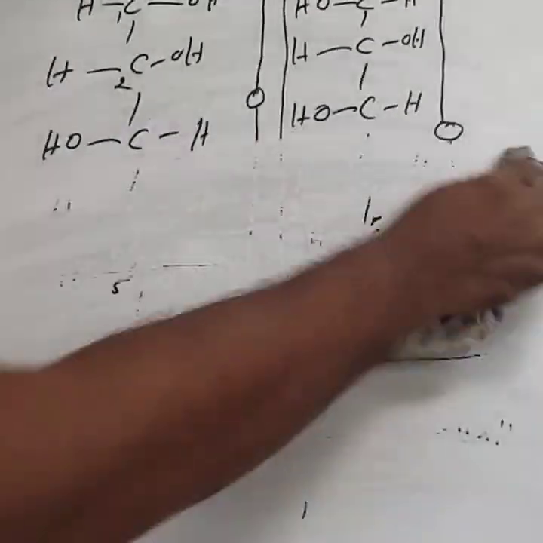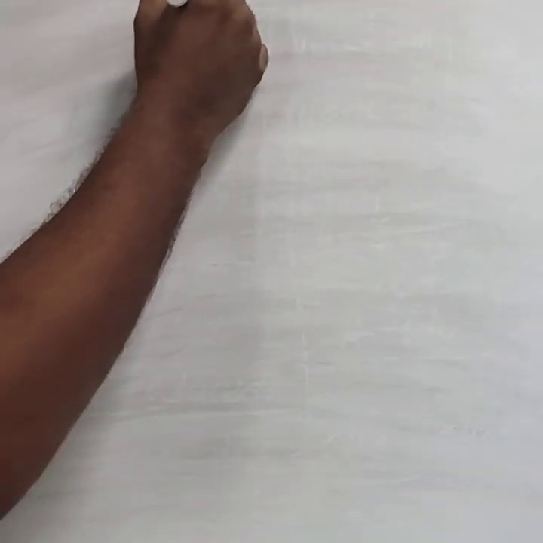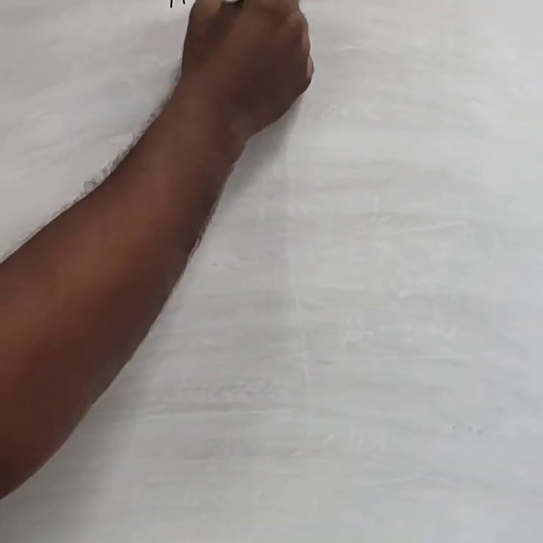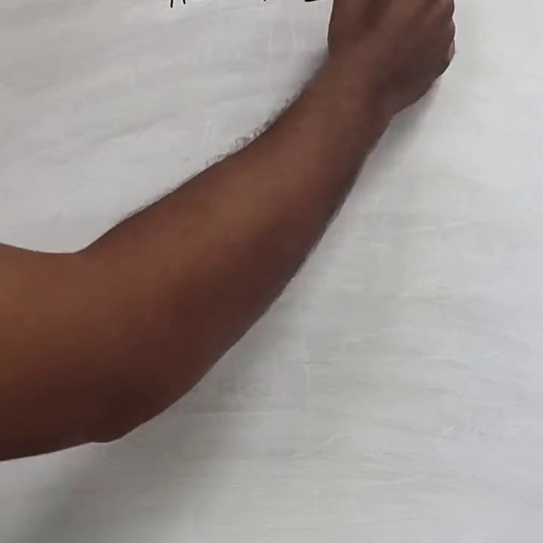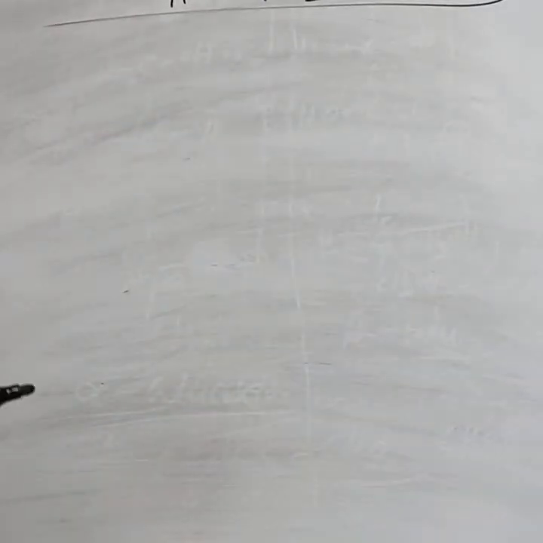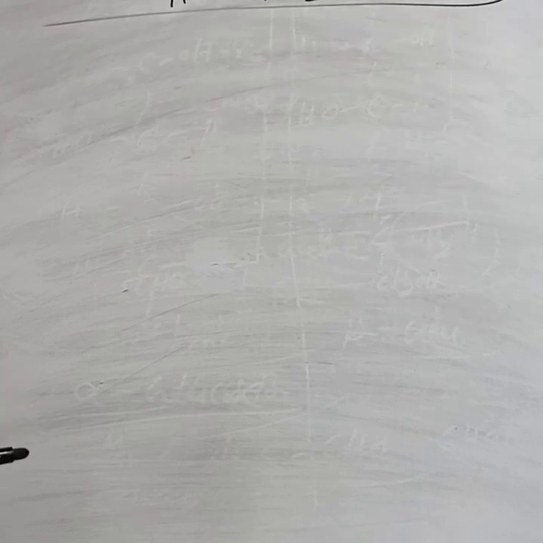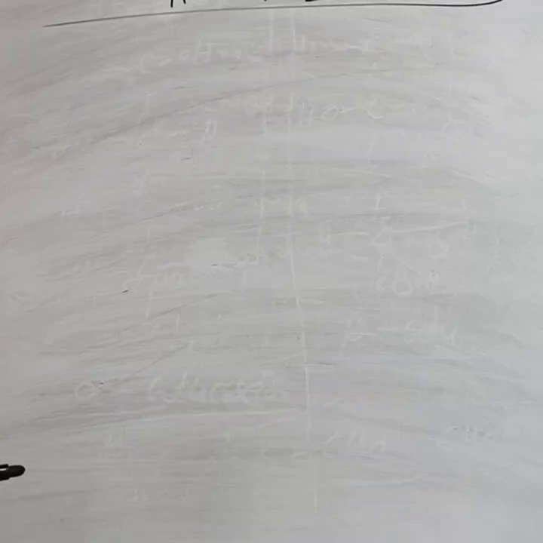Then the last one, the Haworth structure of glucose. This is most important for your board examination. We have to consider the Haworth structures for glucose, fructose, galactose, maltose, sucrose and lactose.